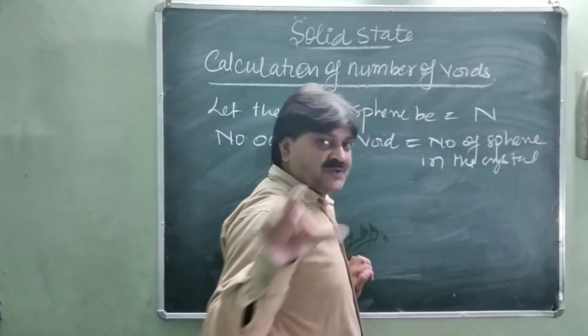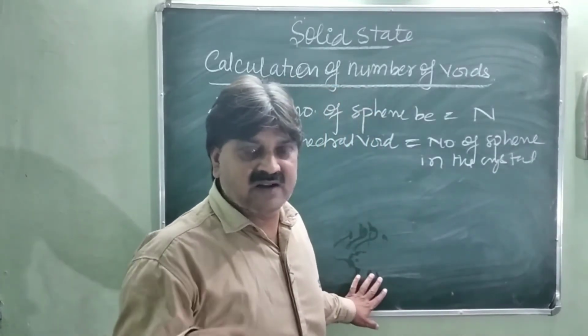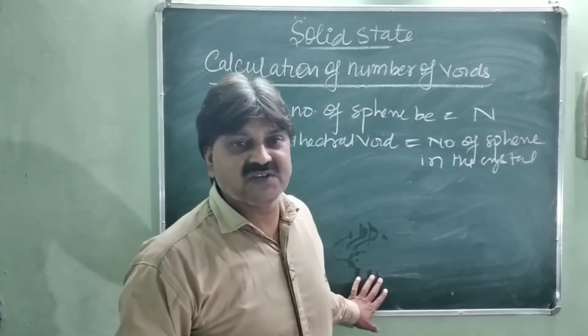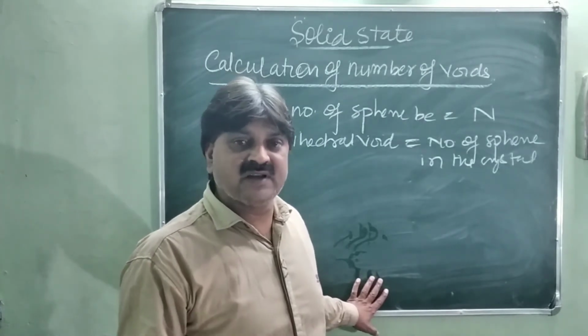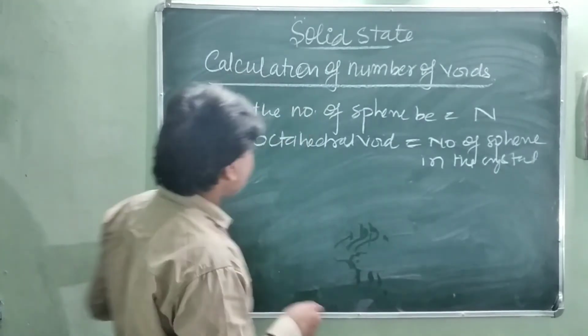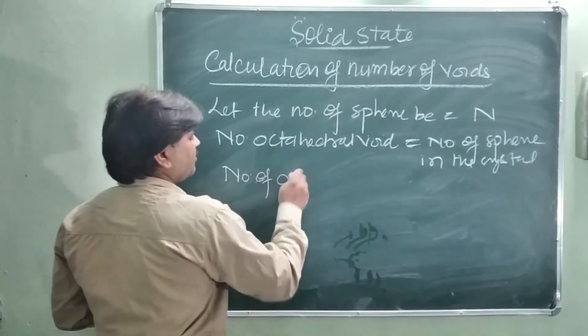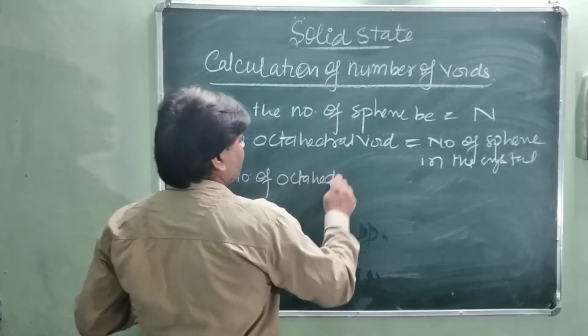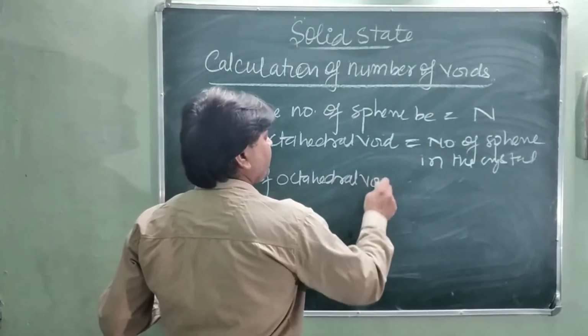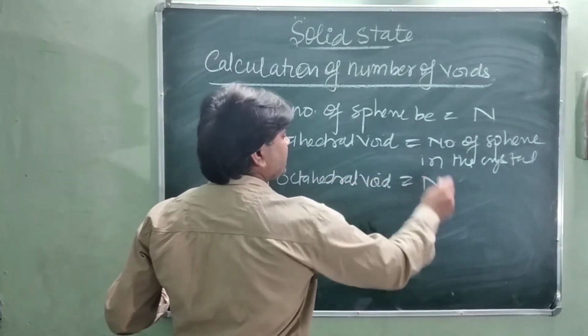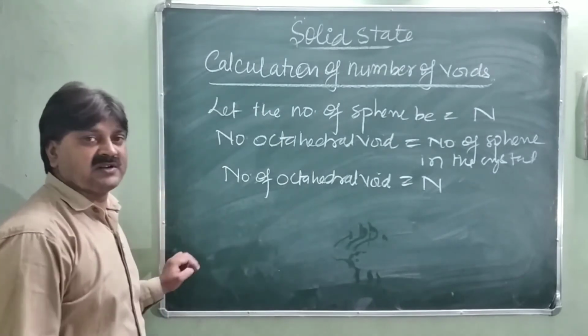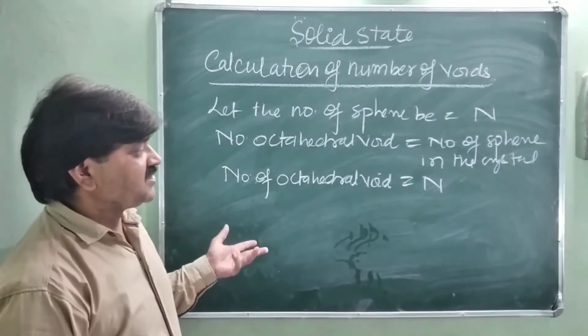Whatever be the number of spheres, the same number of octahedral voids form by placing the second layer over the first layer in 3 dimensions. So the number of octahedral voids is equal to N.